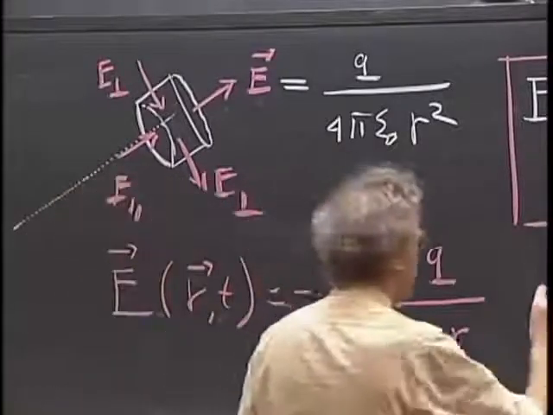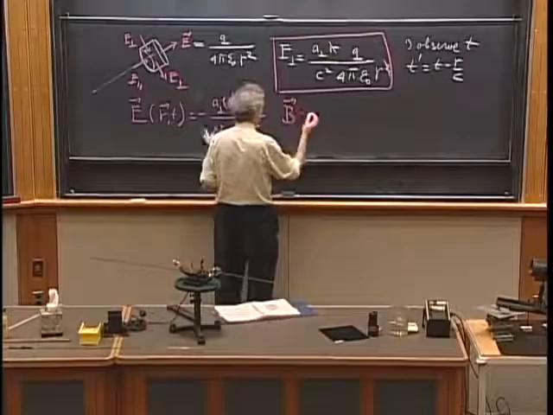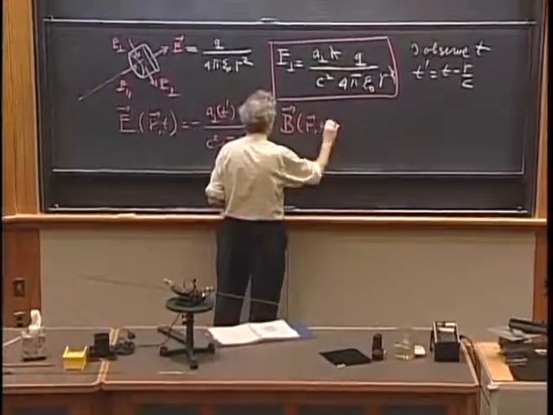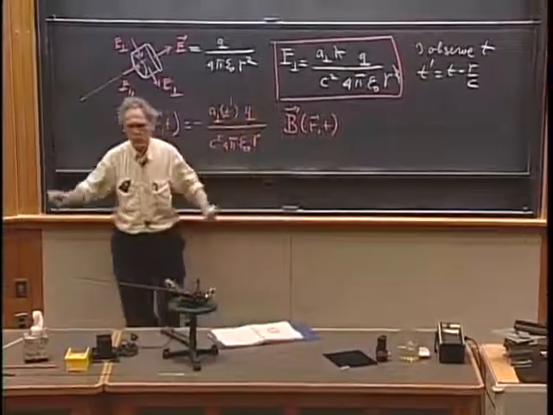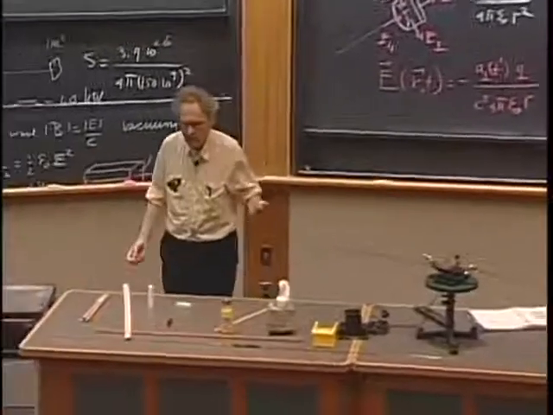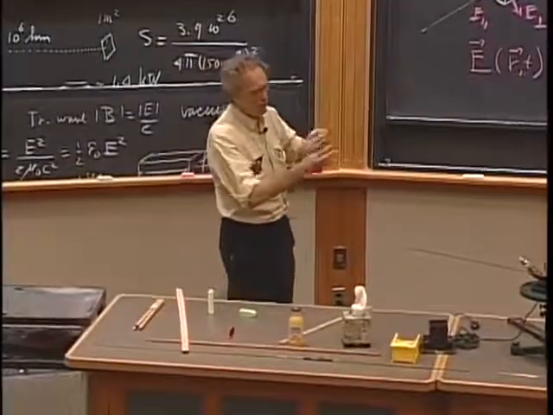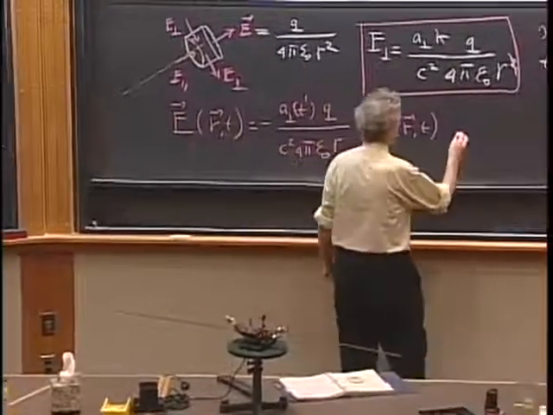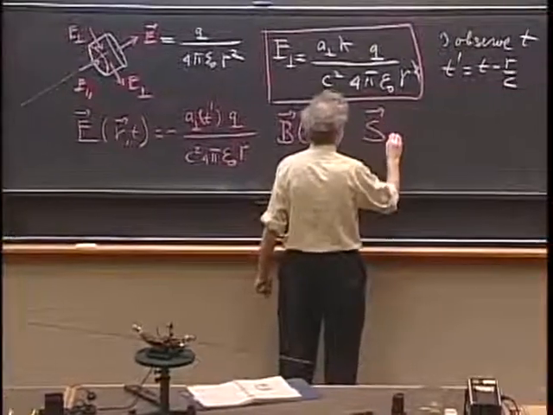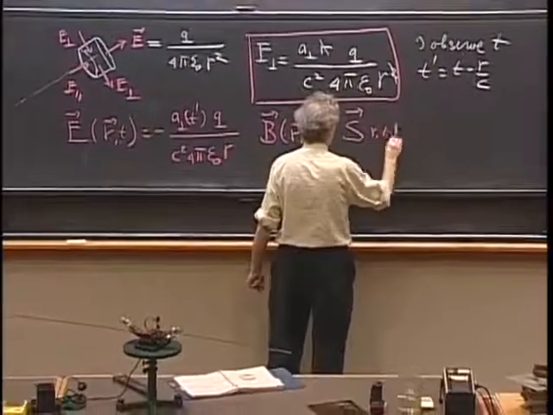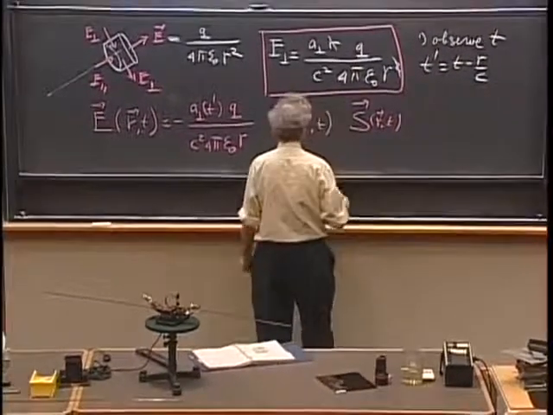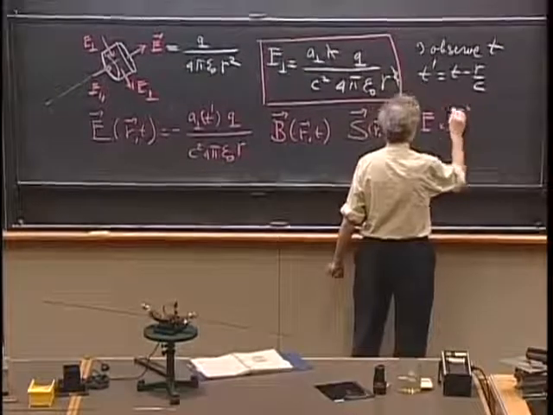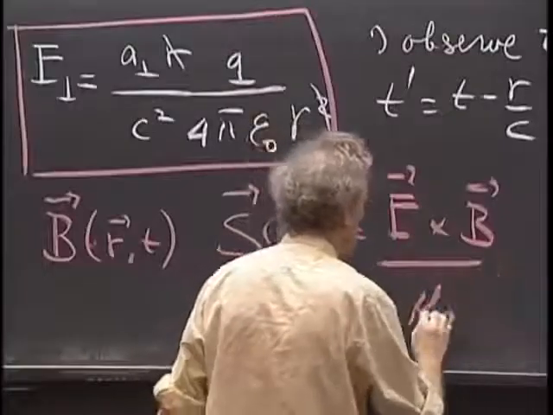You have the privilege to write down for me or for yourself what the associated B field is. It's very easy, of course. The strength of the B field is c times smaller, and you must make sure that E cross B is in the direction of propagation. So I leave you with that. And then we get that the Poynting vector, as a function of r and t, is then E cross B divided by mu 0.